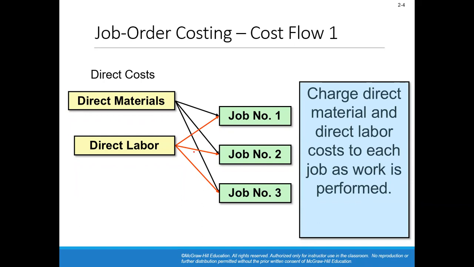Think of the t-shirt example: job number 1 contains the 100 t-shirts order placed by a student of the Department of Finance. That job requires 100 t-shirts, and you know very well how much direct material will be required for manufacturing that order. You also have a clear idea how much direct labor will be required for that particular job.